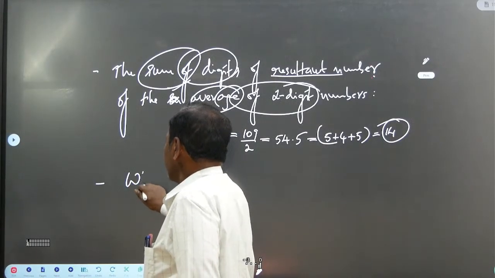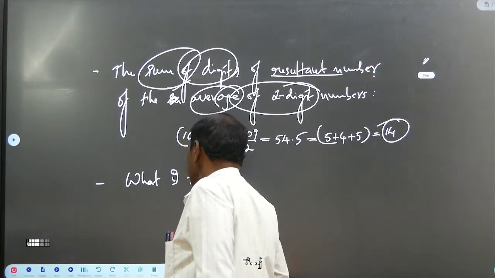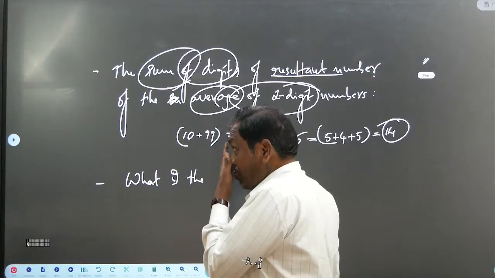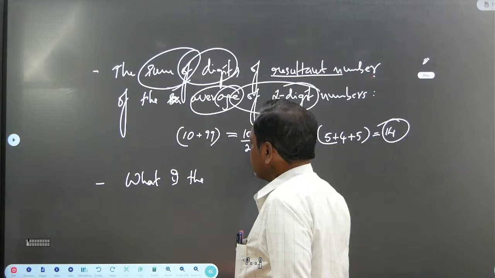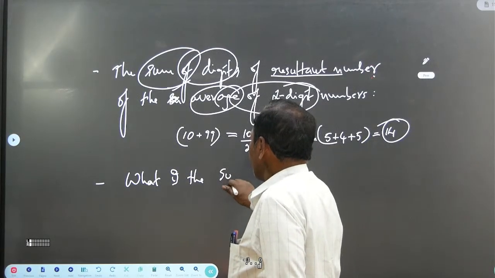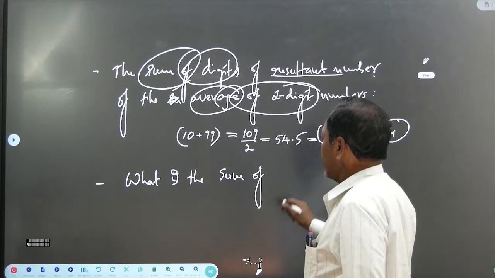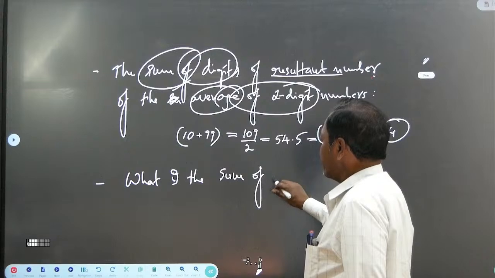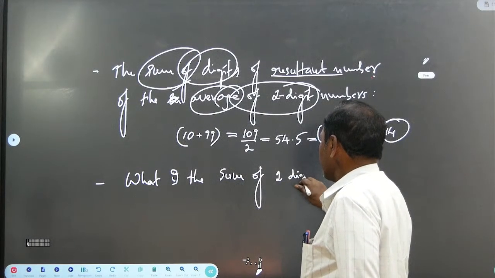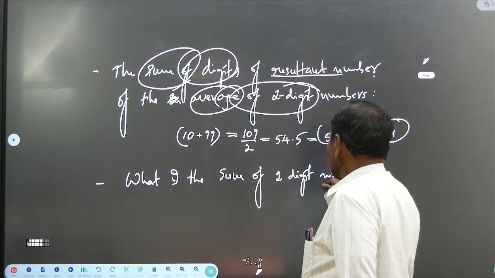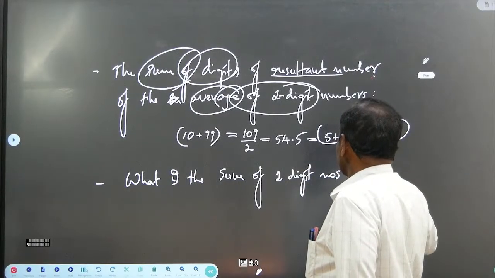What is the sum of two digit numbers in the number system?